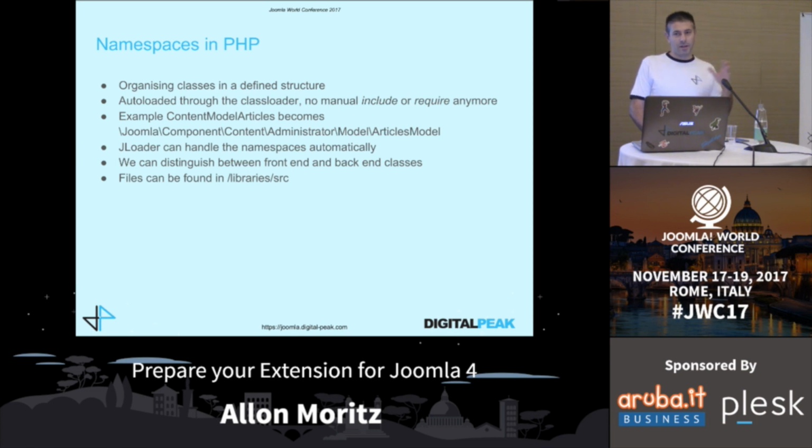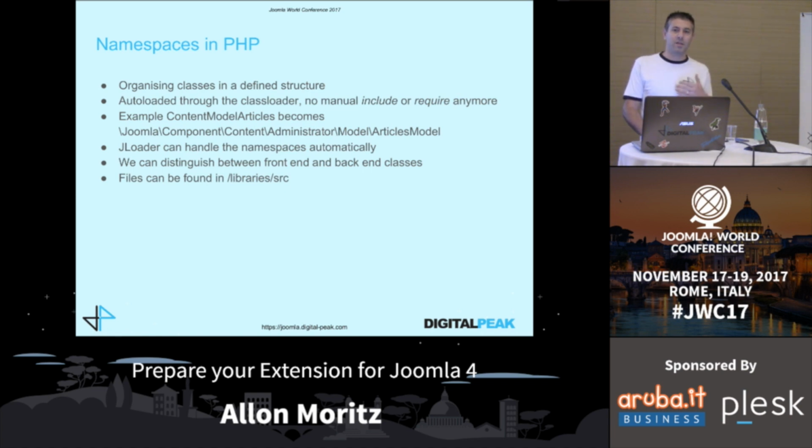For example, in Joomla 3 we have this class name ContentModelArticles. It basically tells the Joomla class loader, or basically it's not even the Joomla class loader, but the model itself, to load the class in the content component in the model folder with the name articles.